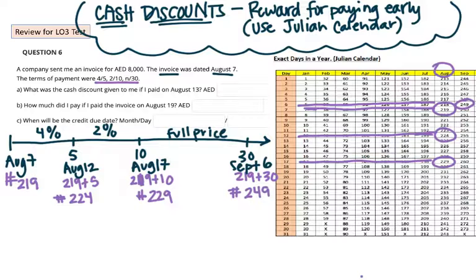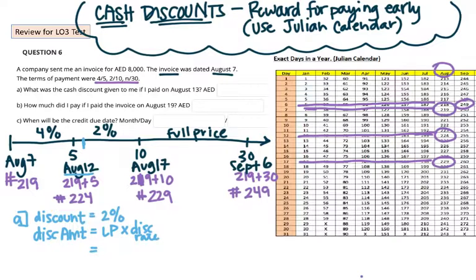So part A says, what cash discount do I get if I'm paid on August 13? Well, here's August 12th. So August 13 is in the place where my discount will be 2% off. Okay, so remember the discount amount always just equals the list price times the discount rate.